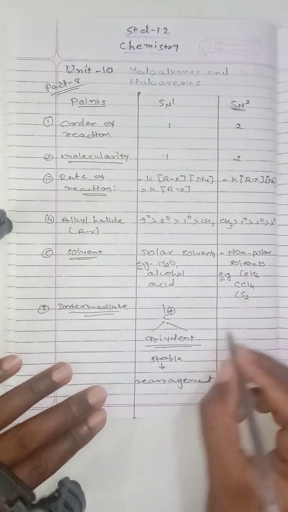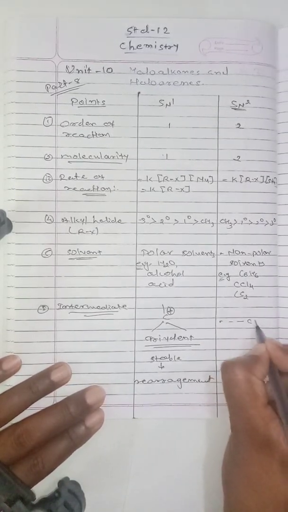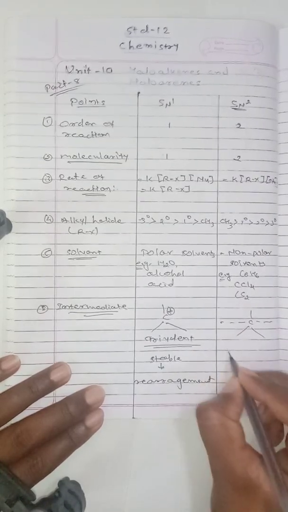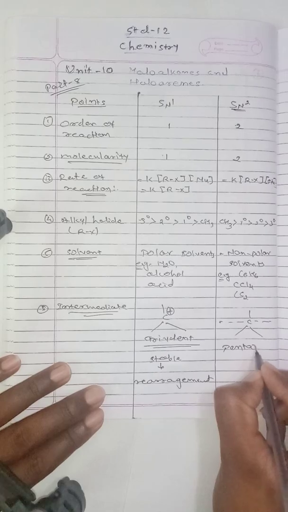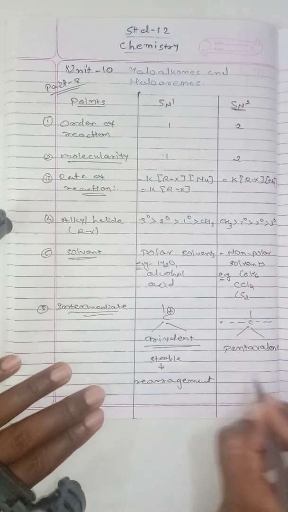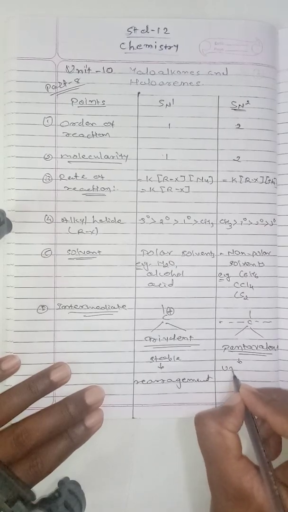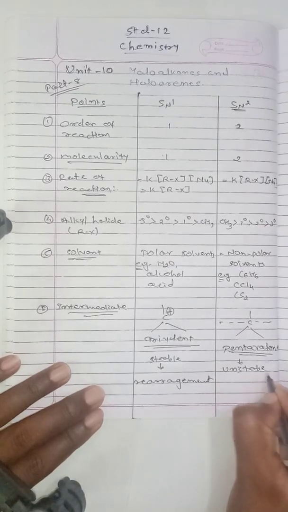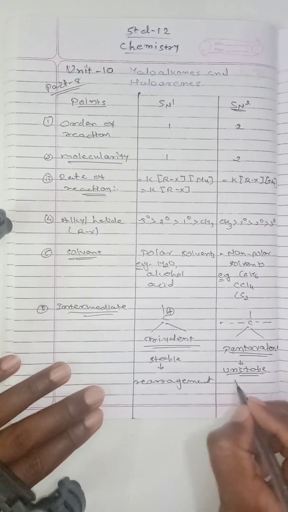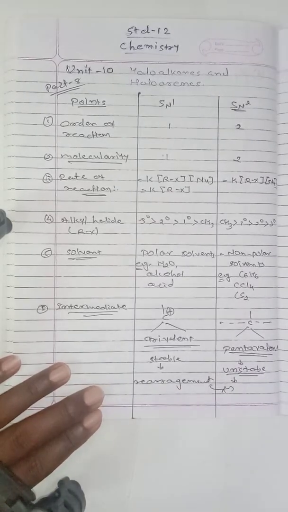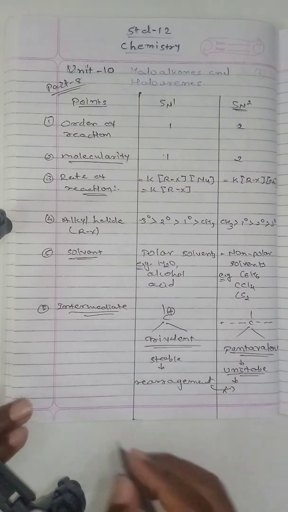While in SN2 reaction, pentavalent carbon is formed. It is unstable and cannot be rearranged.